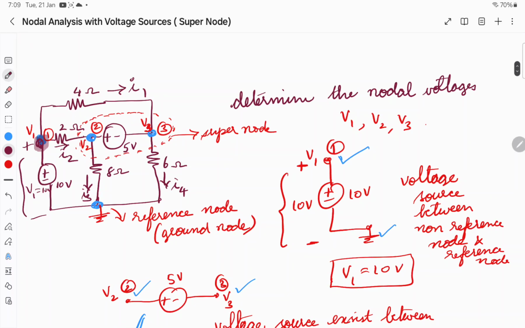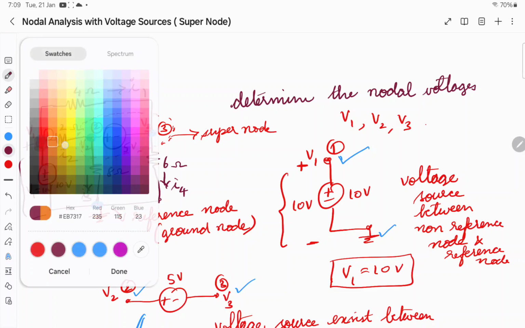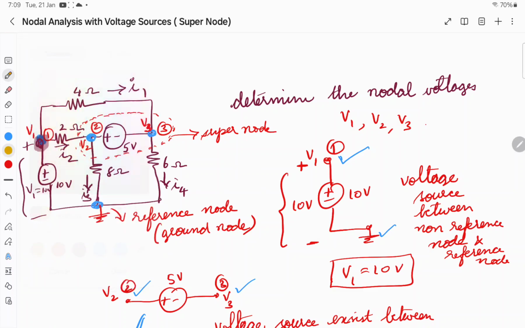Coming back here, the supernode is between node 2 and node 3. What are the currents entering? The current entering is I2, and another current entering is I1.